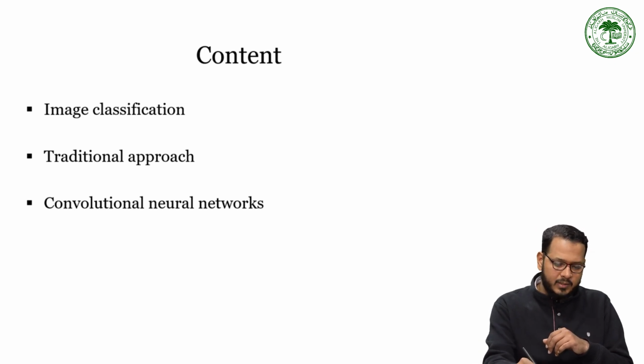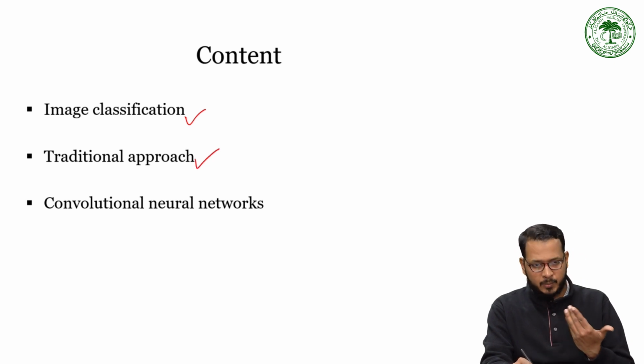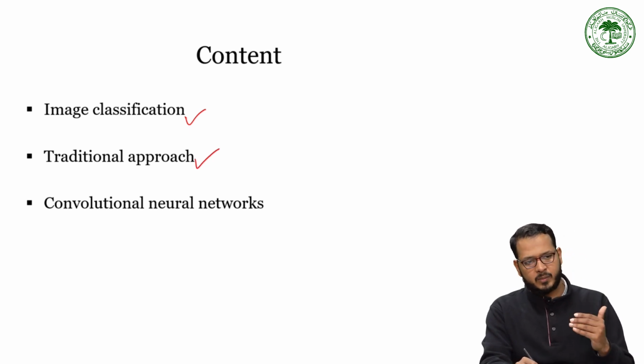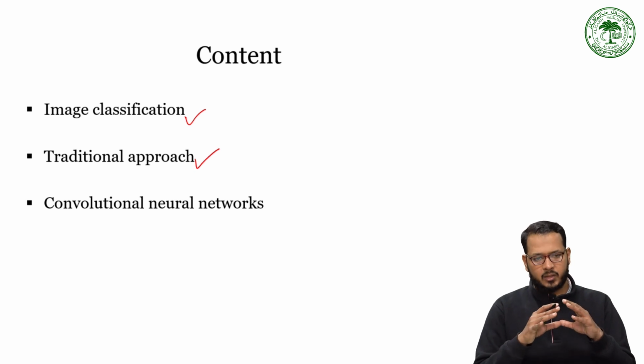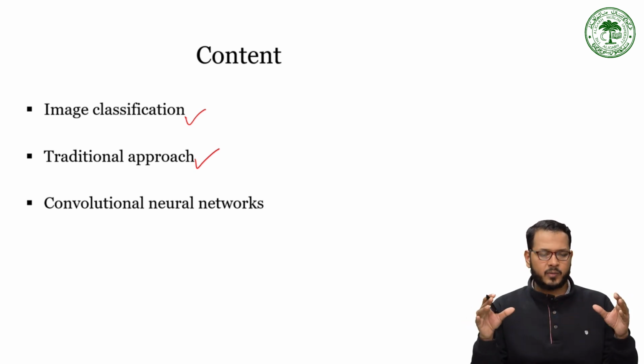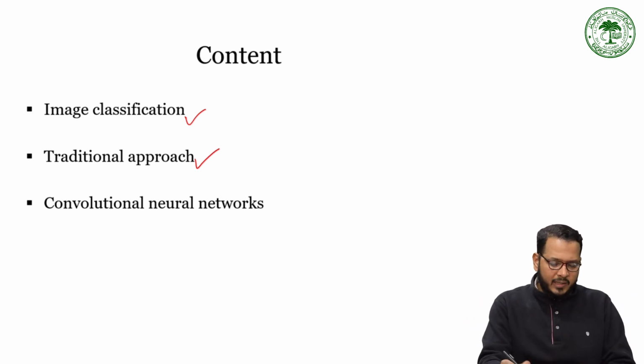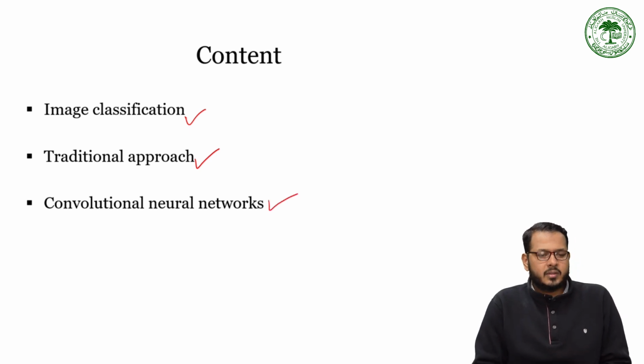Then we will discuss the traditional approach of image classification, where first the image is taken and converted into a structured format in the form of a vector. And finally, we will see deep learning based convolutional neural networks to classify the set of images.